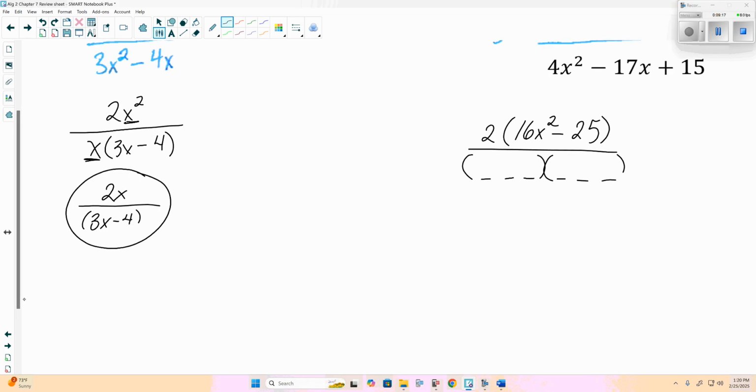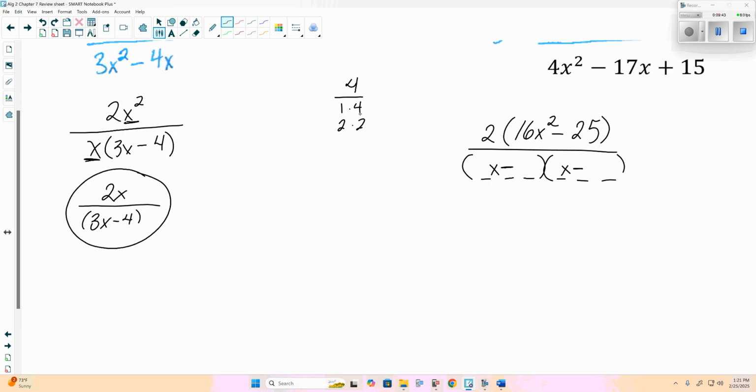Now we still need to factor the denominator. 4x squared minus 17x plus 15. Since the third term is positive, the signs are the same and match the sign of the middle term. So negative and negative. Factors of 4x squared, well, we'll have x and x. Now our factors of 4 are 2 and 2, 1 and 4.